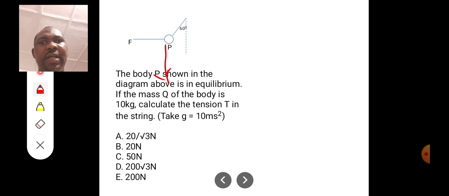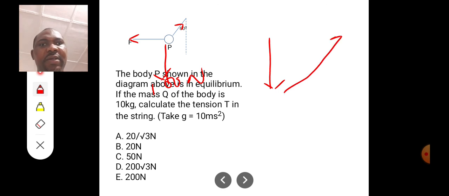Remember the weight here acts downward, 100 newtons. So this is the force this way, this is the tension this way. So I can start with the weight. I like to start with the weight. Then I have the tension this way, T. This is my weight, 100 newtons. Okay, and the force is this way, it is perpendicular.